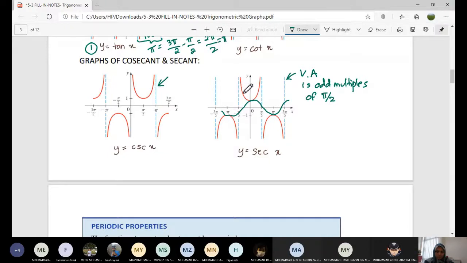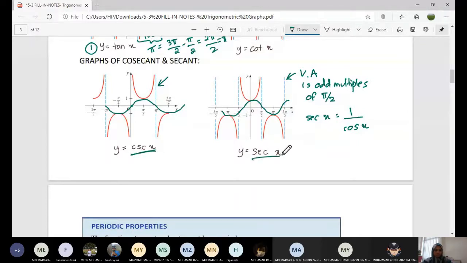So the inverse is actually secant, because we know that secant x is 1 over cos x. And for this one, it is the inverse of the sine graph. Initially we have the sine graph like this, so the inverse is the cosecant graph.